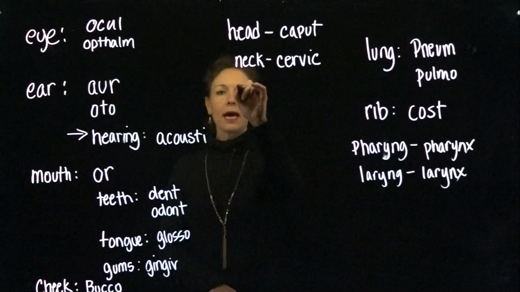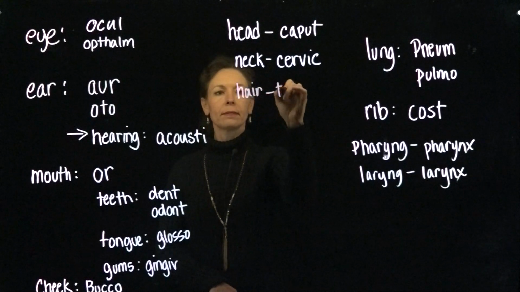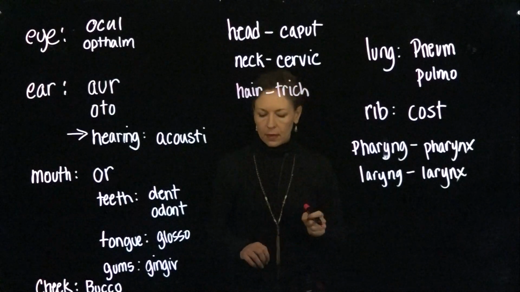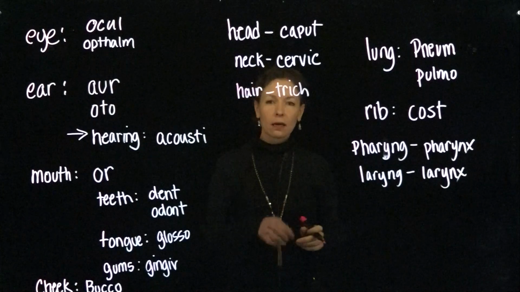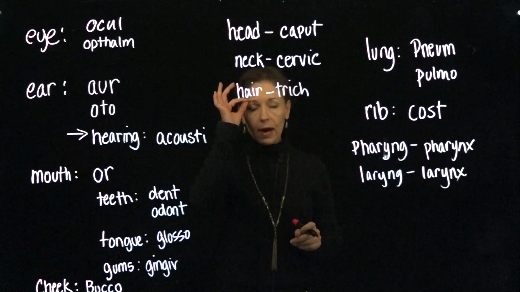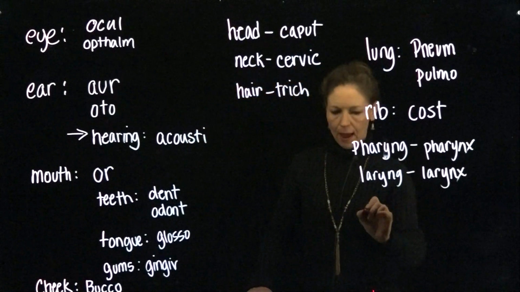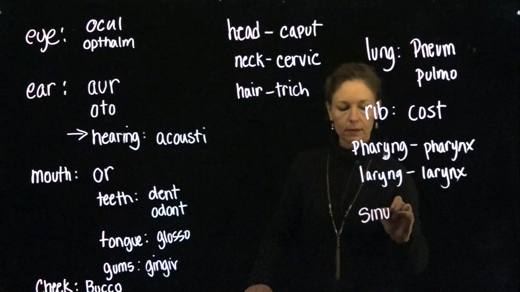Let's go back up to the head and talk about hair, which is trich. You'll see this sometimes in psych, people who bite and chew their hair, pull on their eyebrows and their hair. And then finally, we're going to talk about your sinuses.